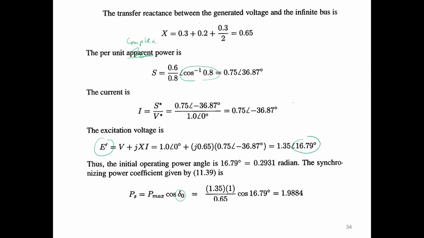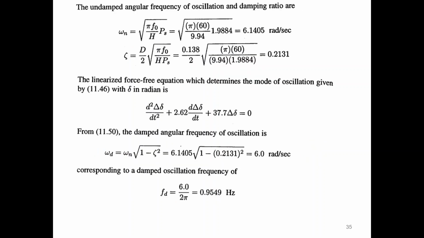This is 0.65, times the cosine of the initial rotor angle, 16.79. So the PS is 1.9884 pu, of course.